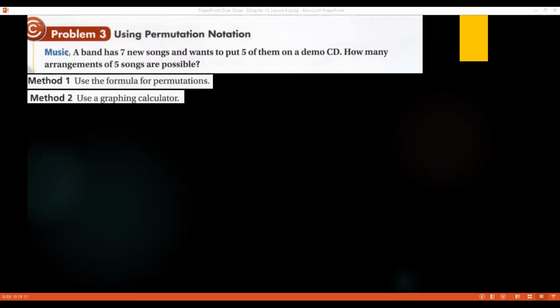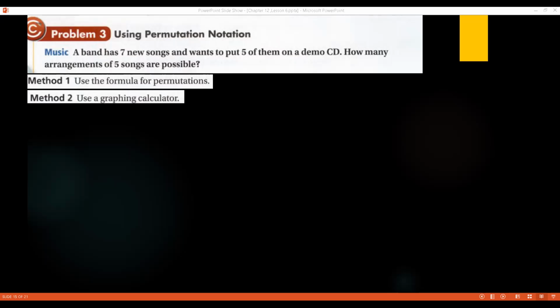A band has 7 new songs and wants to put 5 of them on a demo CD. They don't ask me about 2 different things. They ask me about songs and you want to take some of them. So that means I have to use permutation or combination. I will not ask you the factorial only or the counting method.